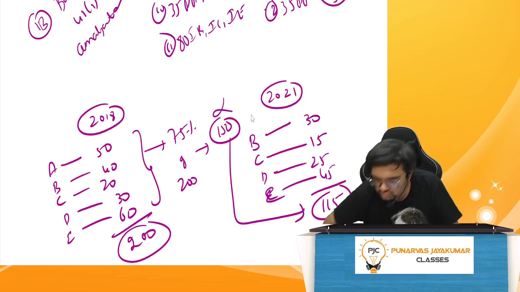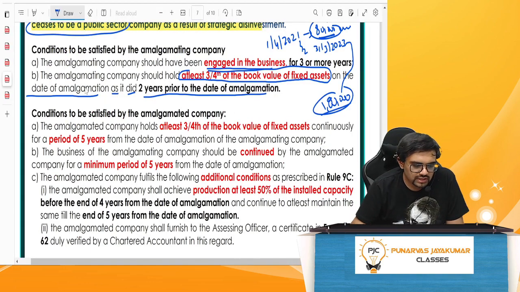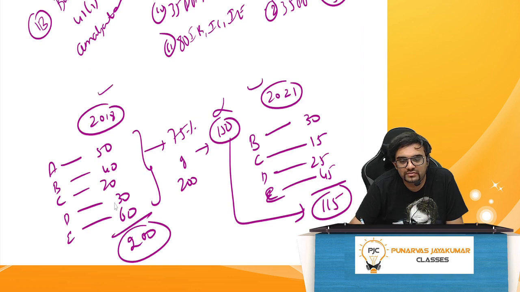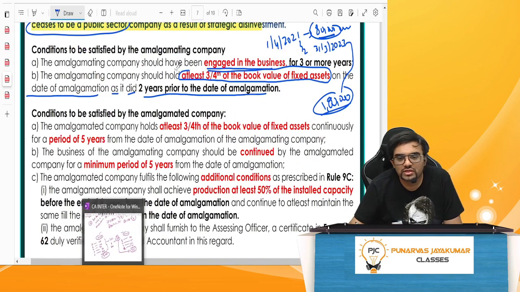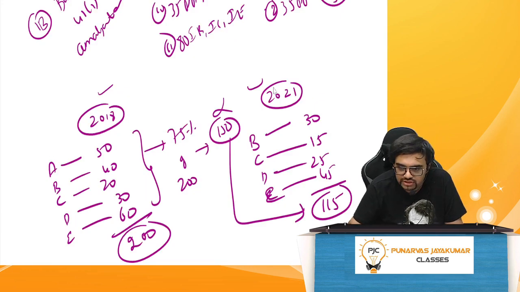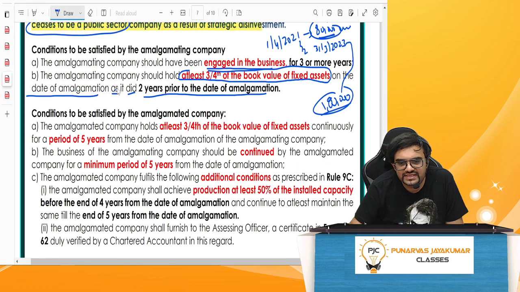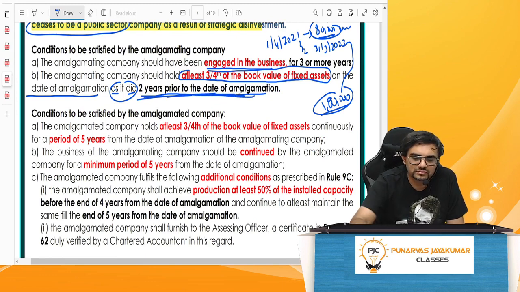No. What does it say? Read again, guys. The amalgamating company should hold. Amalgamating company, that is the first one. Same, amalgamating company only should hold at least 3/4 of the book value of the fixed assets on the date of amalgamation. This is the date of amalgamation, as it did 2 years prior to the date of amalgamation.